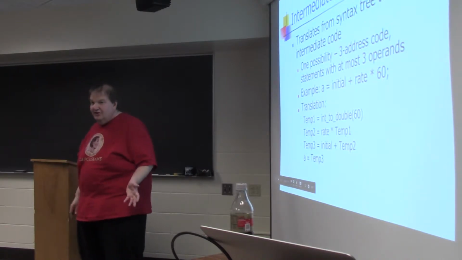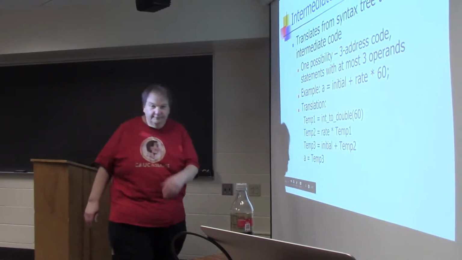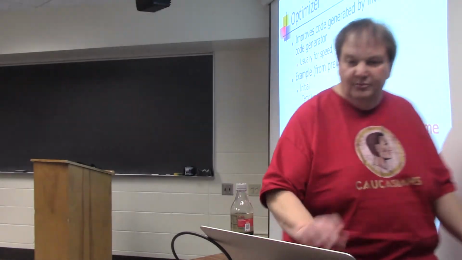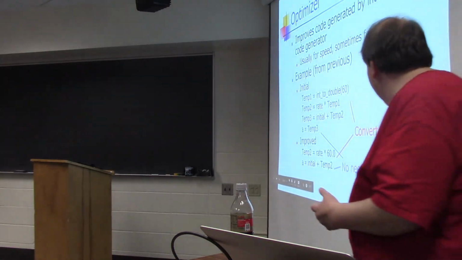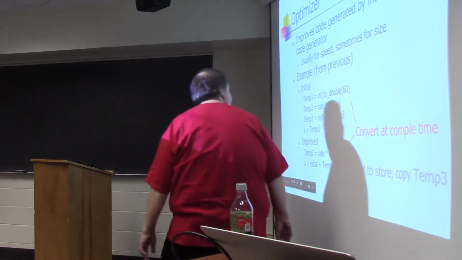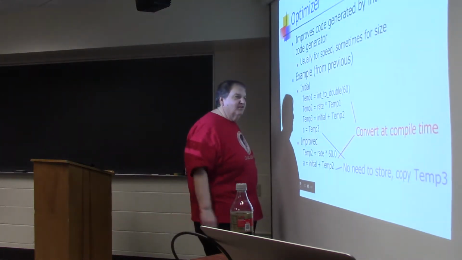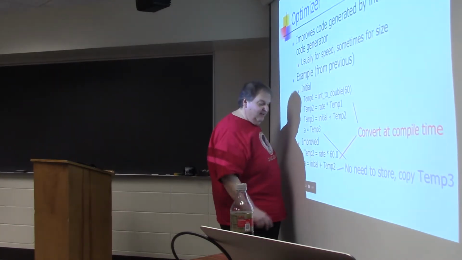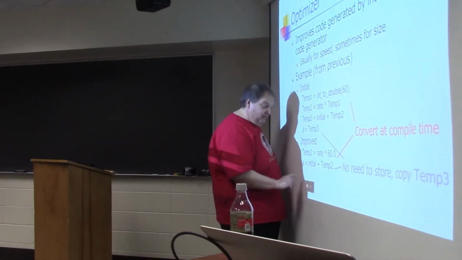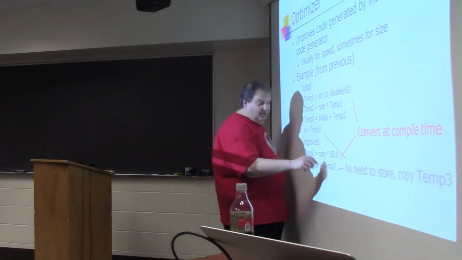Okay, so past intermediate code generation, we have optimizations. Optimizations may look at the code and say, well, that was kind of dumb, the direct translation you did. Why don't I just stick in a 60.0 here, so break this down to this, and then, since it's still three address, I can just say a equals initial plus temp2.